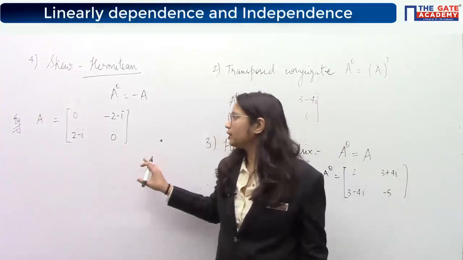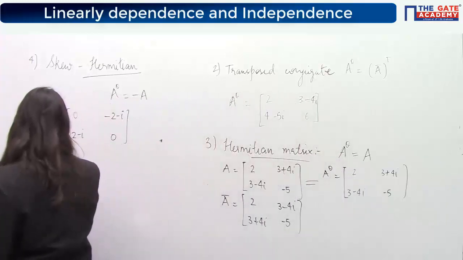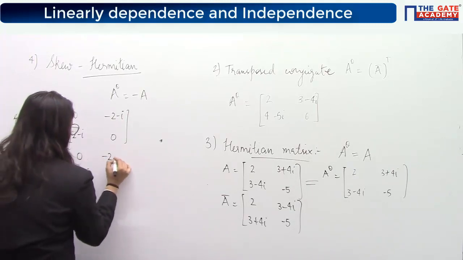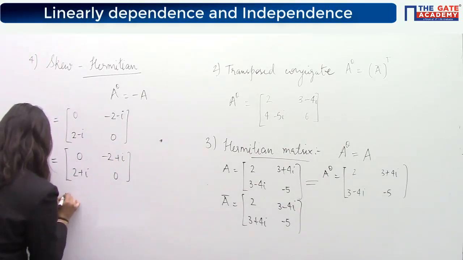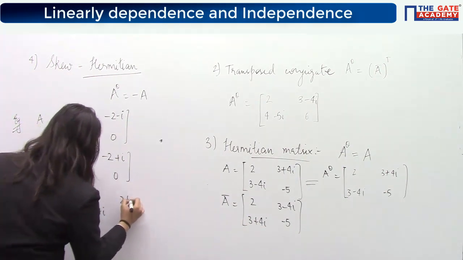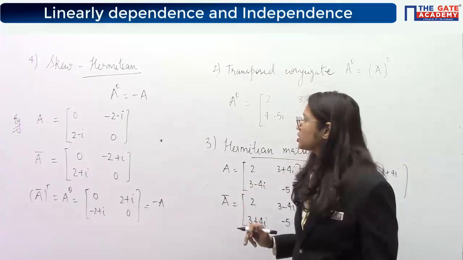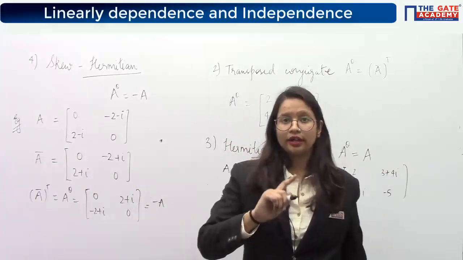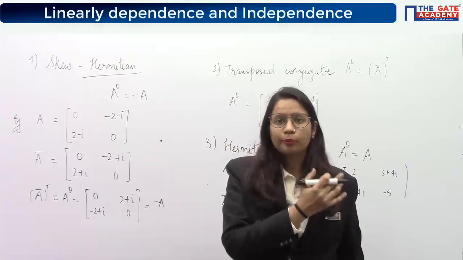Will the diagonal elements be 0 or not for a skew Hermitian matrix? No, it is not a necessary condition that the diagonal element is 0. The necessary condition is that the diagonal elements should be either 0 or purely imaginary.